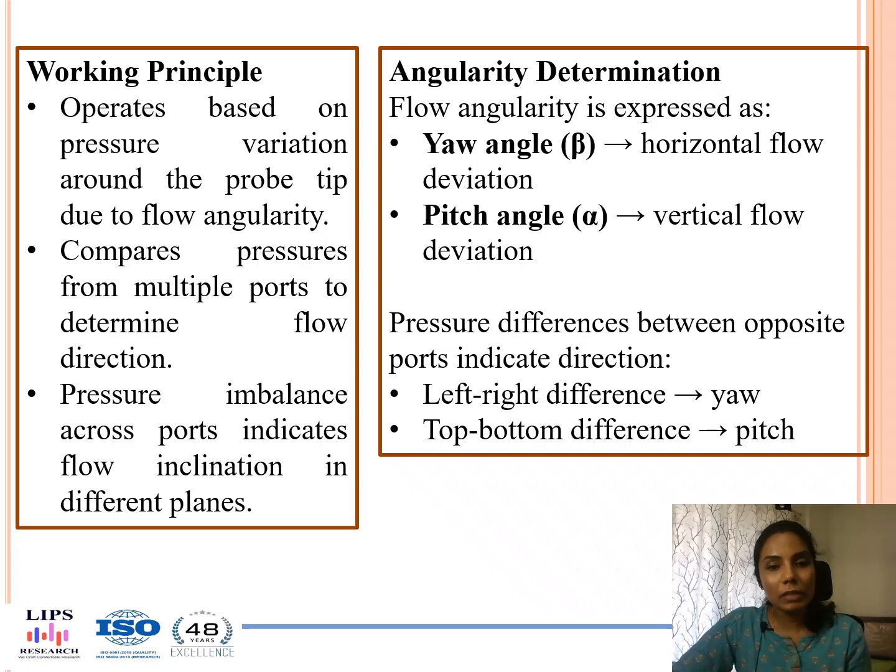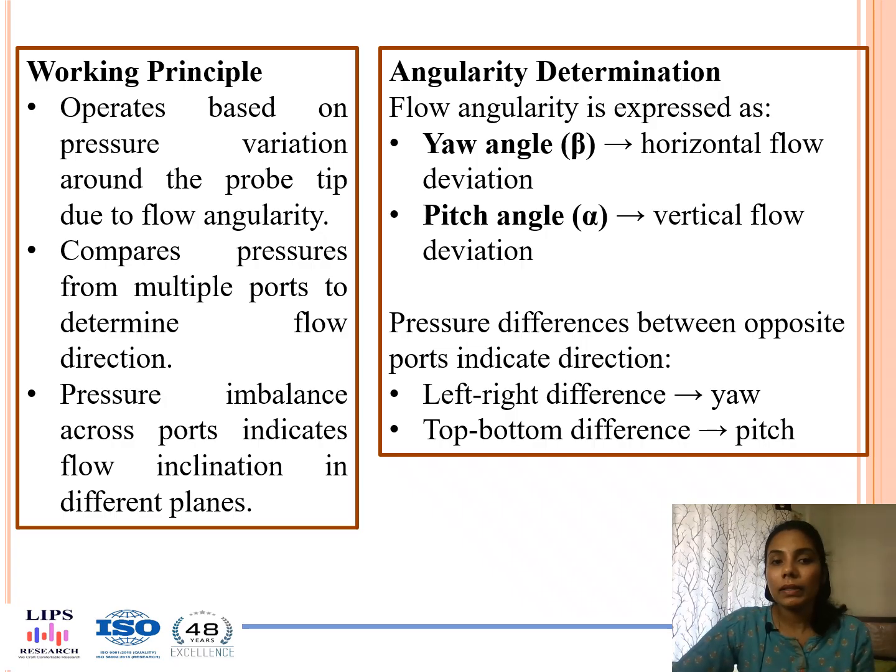So by analyzing these pressure differences and using calibration data, we will be able to get accurate flow directions in multiple planes. The flow angularity here represents how much the flow is deviating from the main axis, and it can again be expressed as yaw angle as well as pitch angle. It is the same as with the 4-hole flow analyzer.